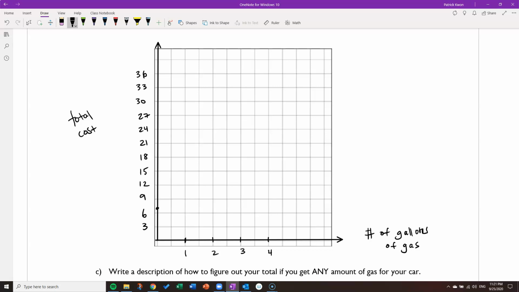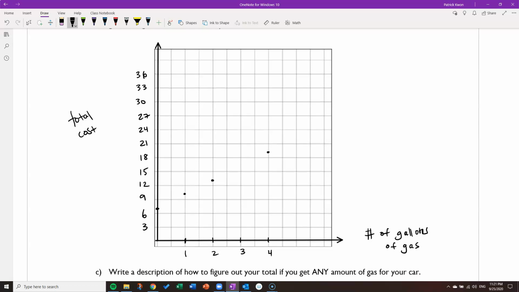So here's that. If I filled up my tank with 1 gallon of gas, then that would be $10. If I got 2 gallons of gas, it'd be 6 plus 7, which is 13. And if I got 4 gallons of gas, 4 times 3 is 12, plus 7 is 19.